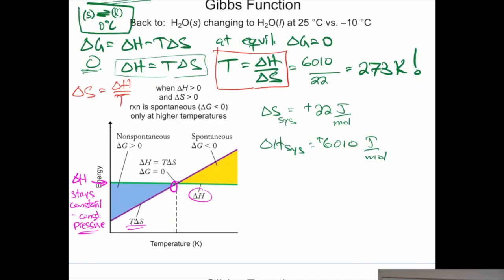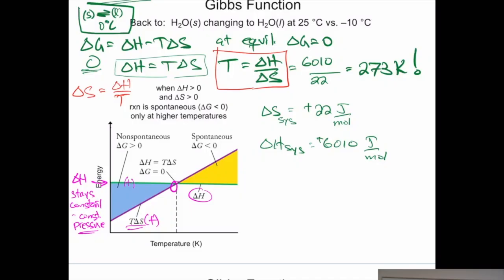This is a positive value, and this is a positive value. So plugging that into the master equation, delta H minus T delta S, this will not be spontaneous anywhere in this blue zone because this value is smaller in magnitude than this value.